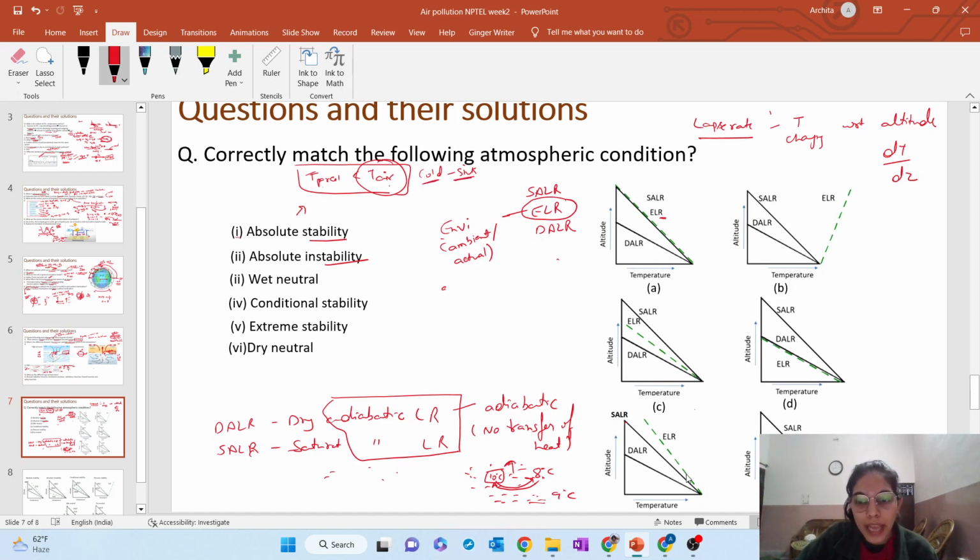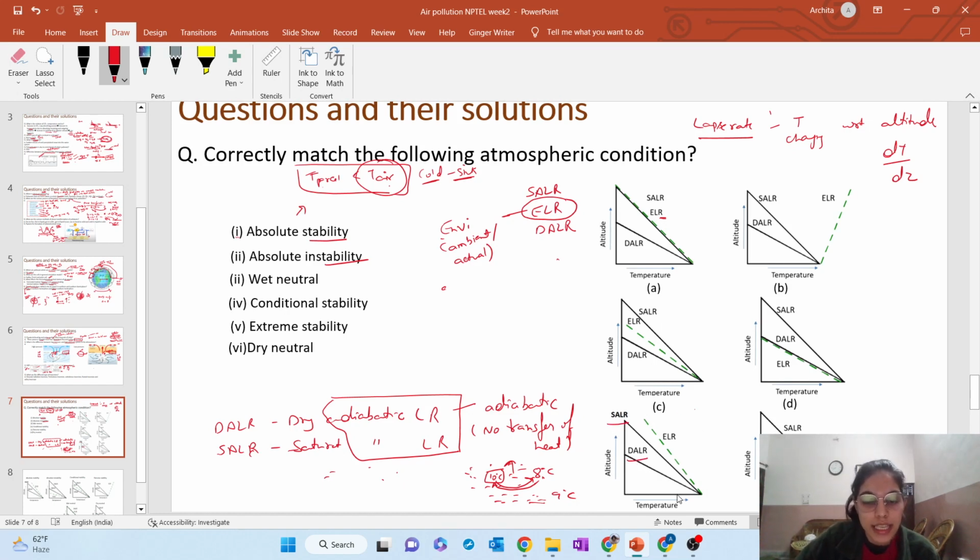This will happen where the ambient lapse rate is higher than the other lapse rates.